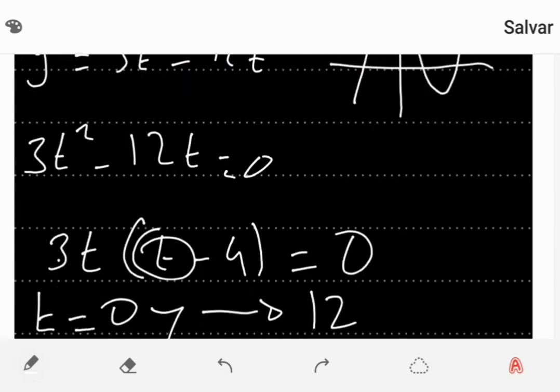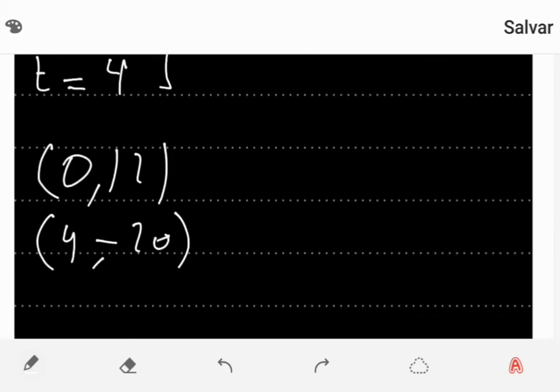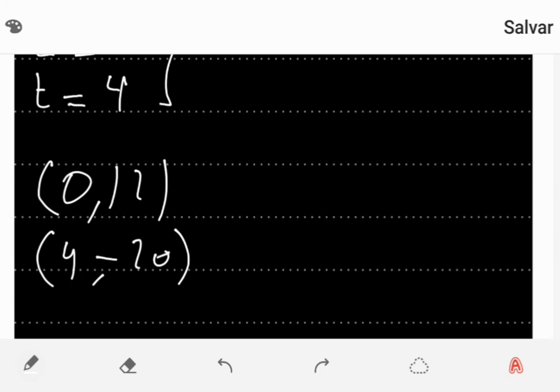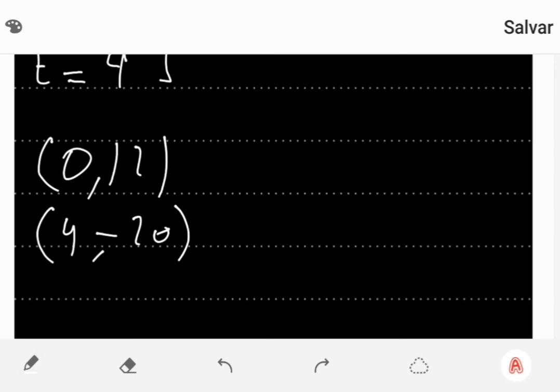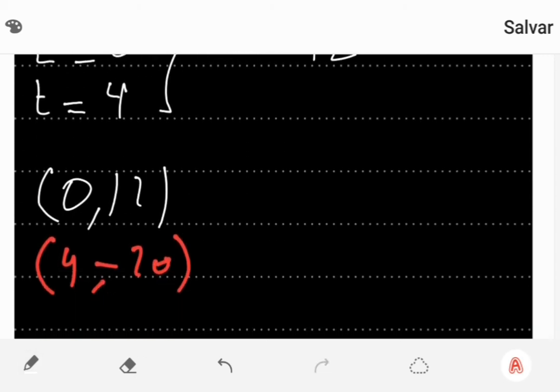So which one is our point of minimum? Well, the 0 gives us a 12, but the 4 gives us a minus 20, so the minimum is 4, right? So the answer t minimum is equal to 4.